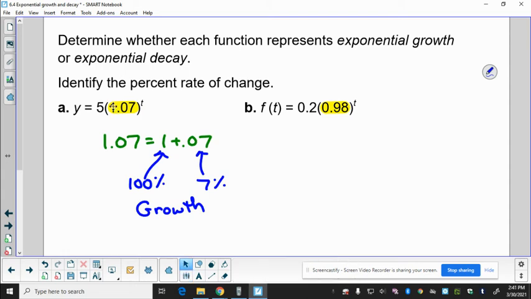Let's go to part B. Let's take this 0.98. Now, 0.98 is definitely less than 1. So 0.98 could be rewritten as 1 minus 0.02, couldn't it? Think about that.